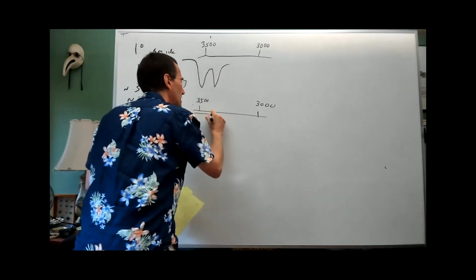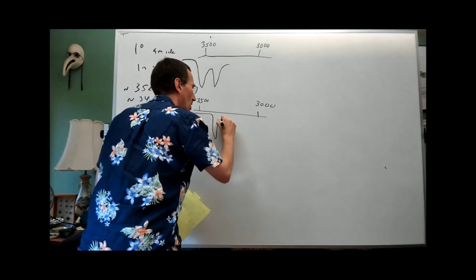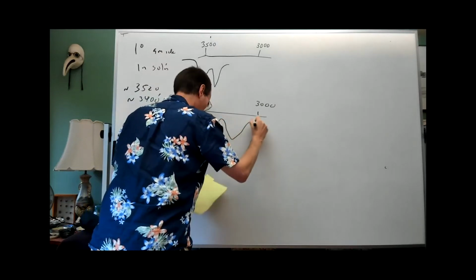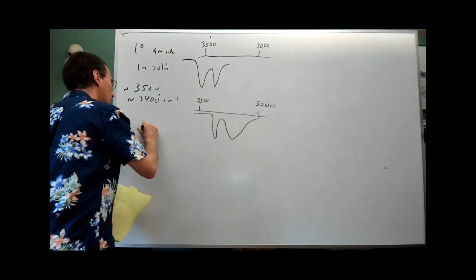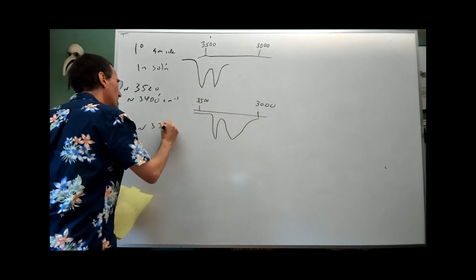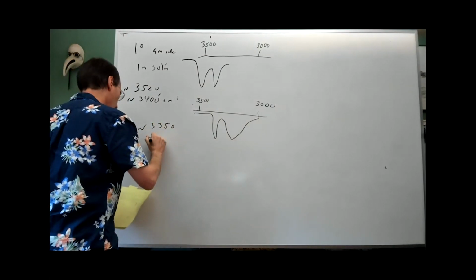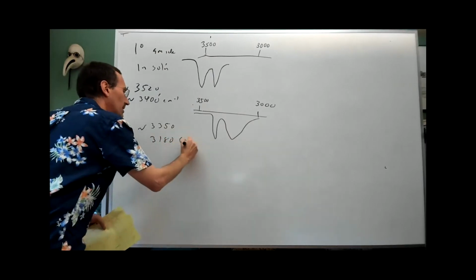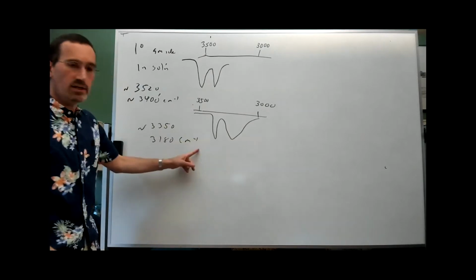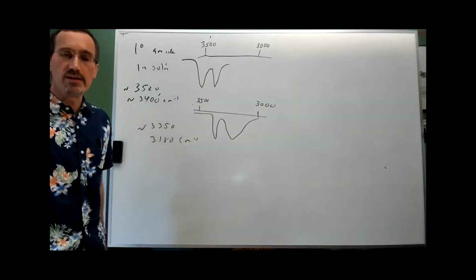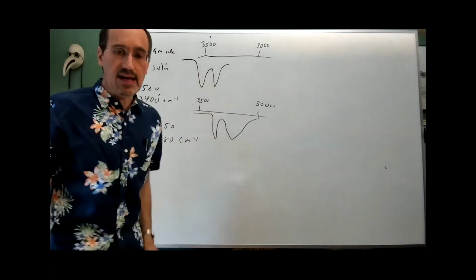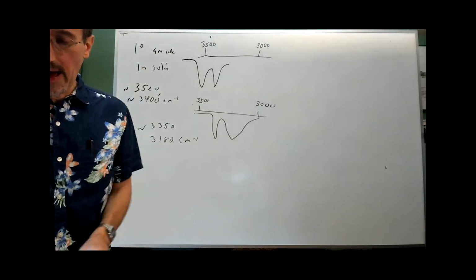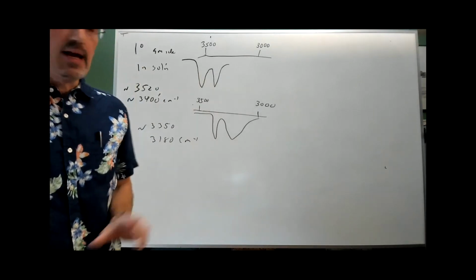And so you might see something like this, maybe one band like so, and another band like so, maybe about 3350 and about 3180. These numbers aren't exactly carved in stone, and we'll take a look at some real amides in a moment. But the idea is being able to recognize what your patterns look like.